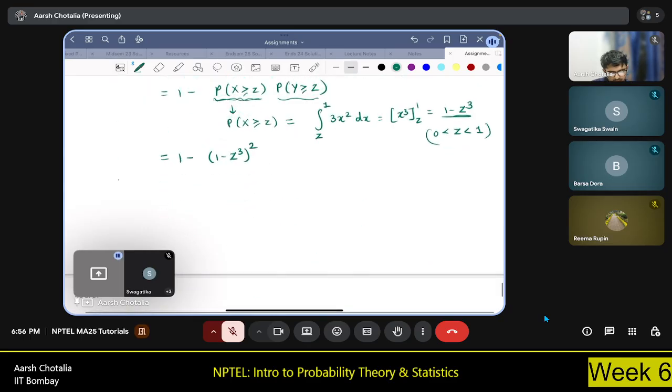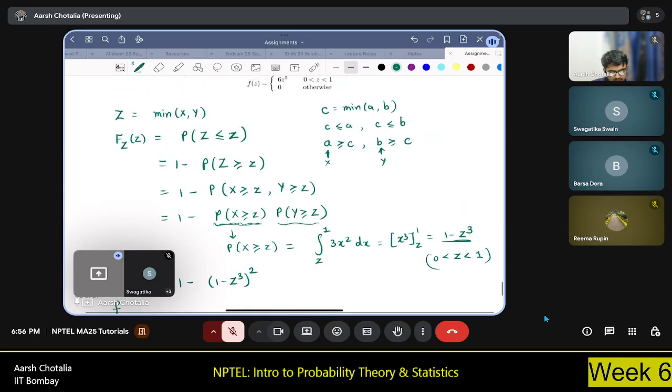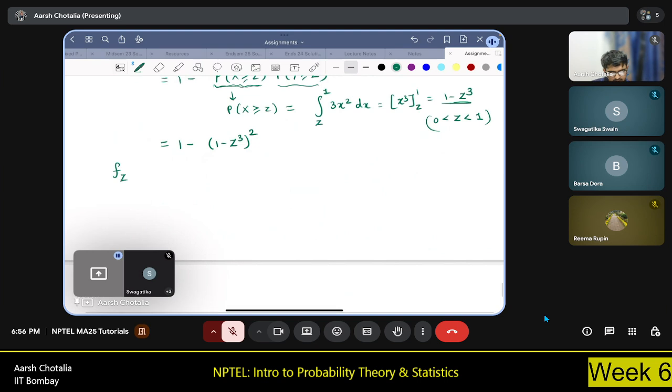Okay. Now I want to find the PDF of this, which is just the derivative of what we found. It is just d by dz of the same thing. So it becomes minus 2 times (1 minus z cubed), and then the derivative of minus z cubed, which is minus 3z squared. So 6z squared (1 minus z cubed).